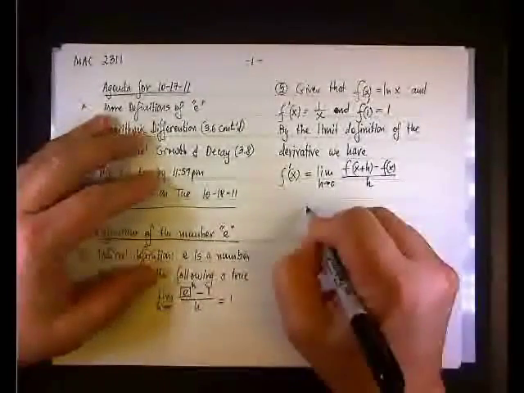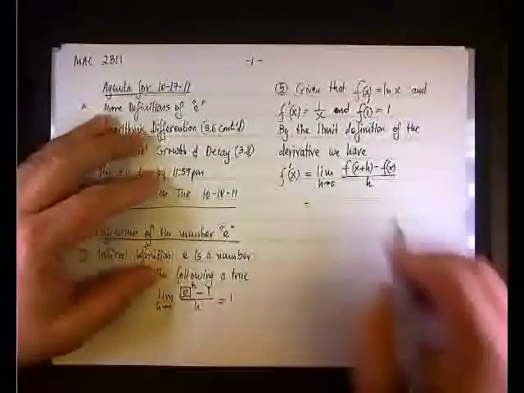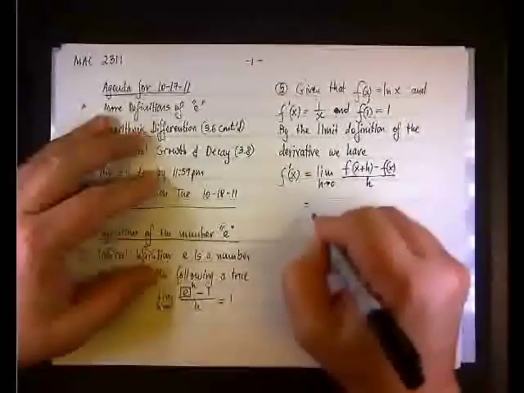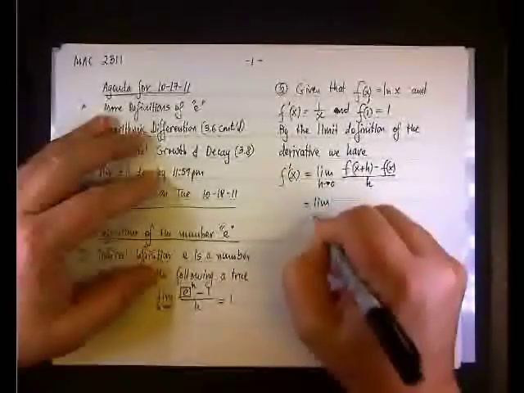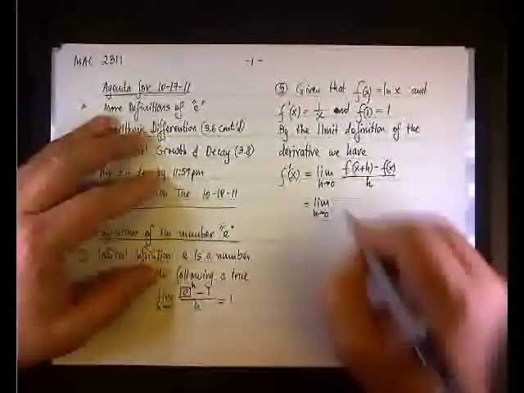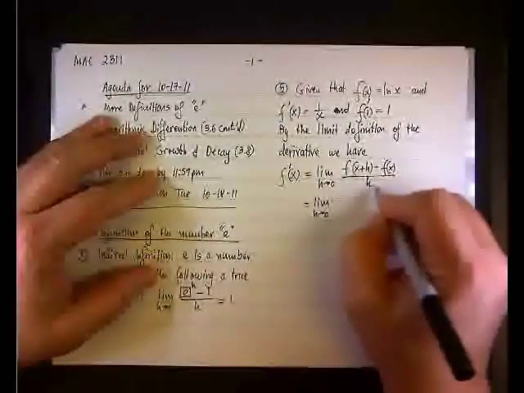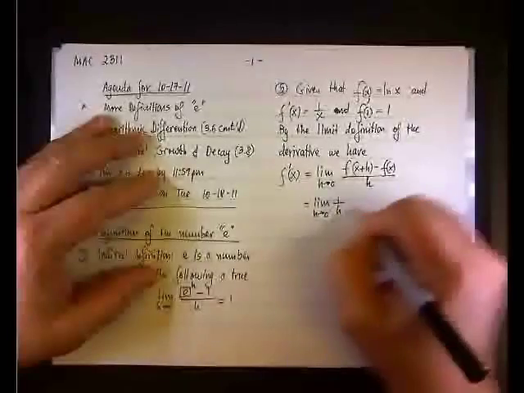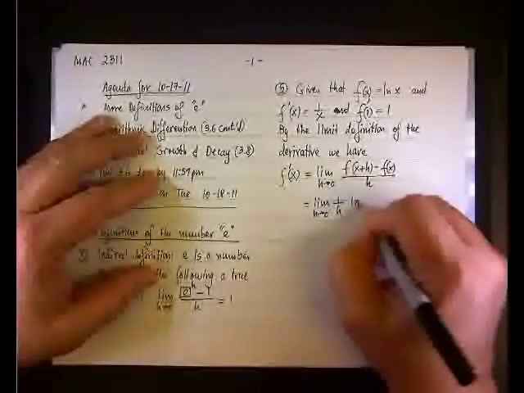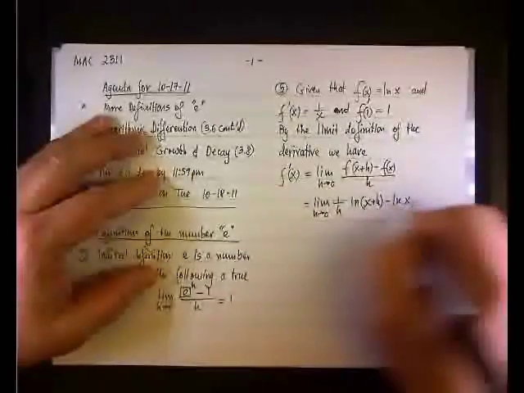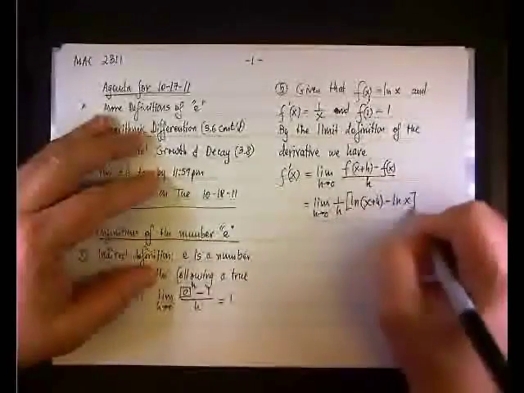And in particular, because f of x is the natural log of x, as we stated here, it will be the limit as h approaches 0, and here we'll have the natural log, instead of divide by h, we multiply by 1 over h, and then we say the natural log of x plus h minus the natural log of x, like so. Okay?